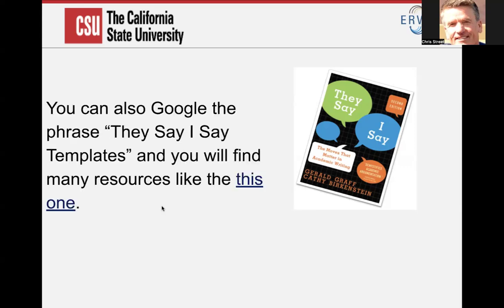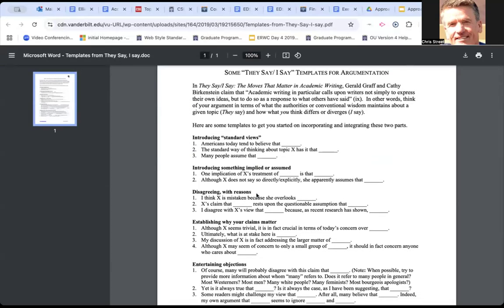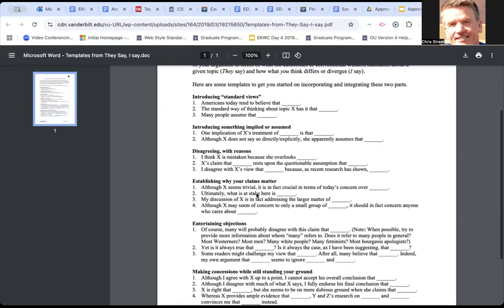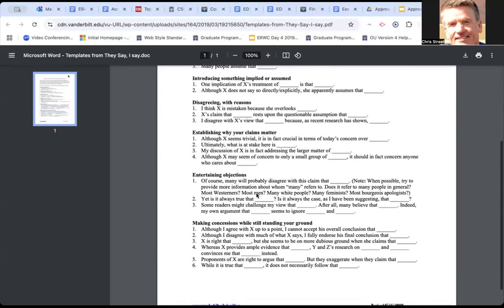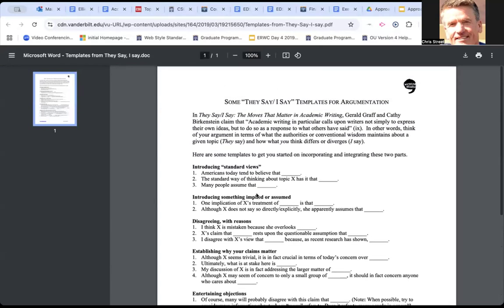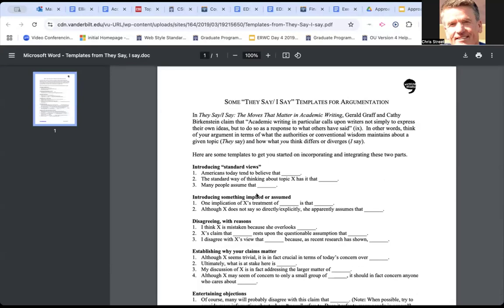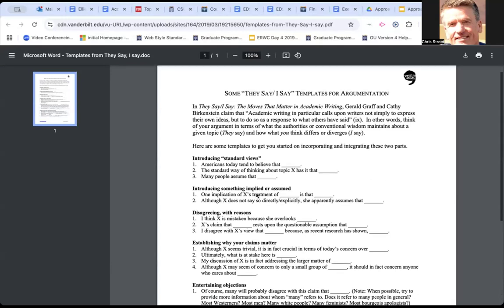If you Google they say, I say templates, you're going to find many, many resources. This is just one of them. You'll find all kinds of summaries of the different kinds of sentence frames that are available at the end of the book. So if you're looking for some specific ones, for example, introducing a quotation, if you Google they say, I say templates introducing quotation frames, you'll find them.